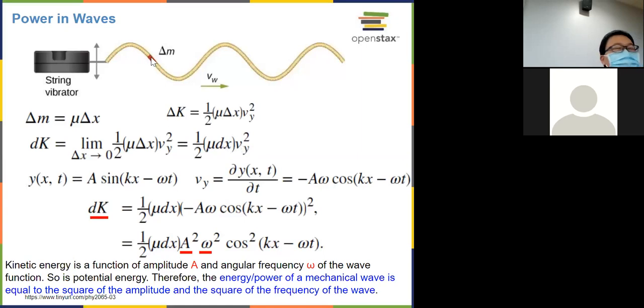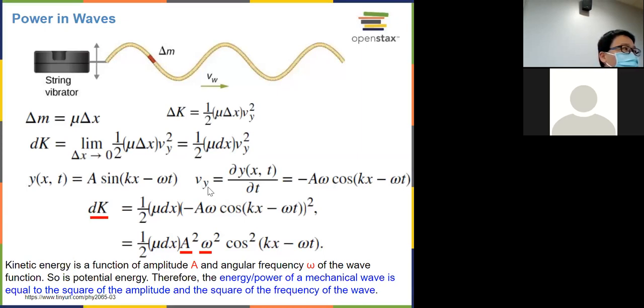For the position of the medium, it's going to be either a sine function or cosine function. Take the example of a sine function here. It's a function of x and t. Then you will have v_y, the speed of that portion of the string.